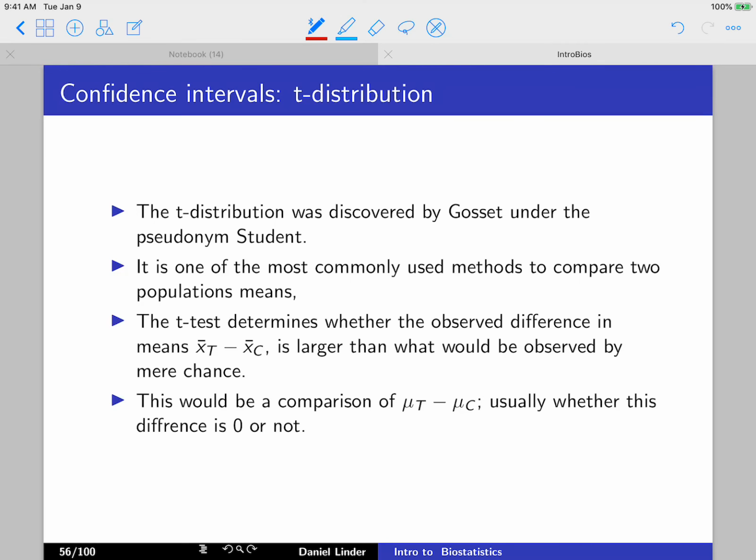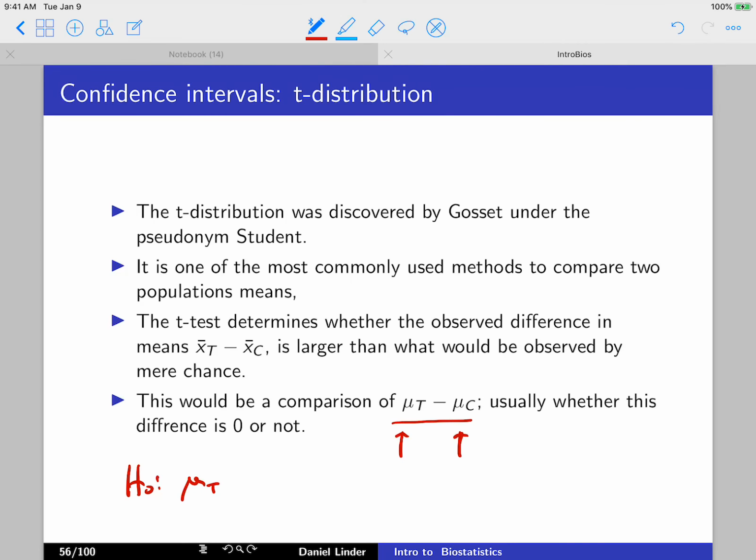So basically, it would be a comparison of the difference in the mean. So the population mean mu in the treatment group, and the population mean in the control group. So we would be interested in whether or not this difference is 0 or not.